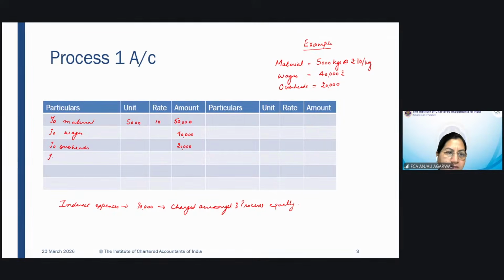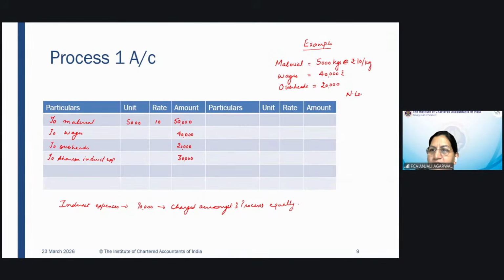And share of indirect expenses, like I said, 90,000 divided amongst three processes equally. So let's take it 30,000. So this is the total cost that we have debited to the process one account.